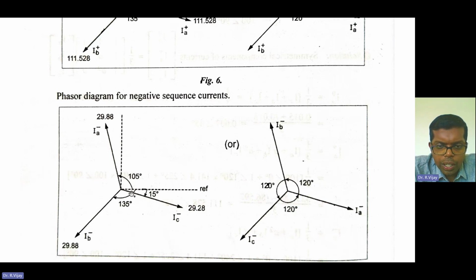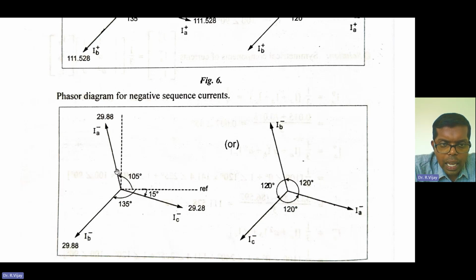Next, you take a protractor and measure here. This is 135 minus 15 degrees, 120 degrees. If you measure IC negative and IB negative, this is 120 degrees. If you measure IA negative and IB negative, here also 120 degrees.